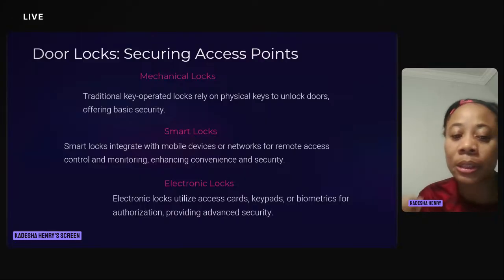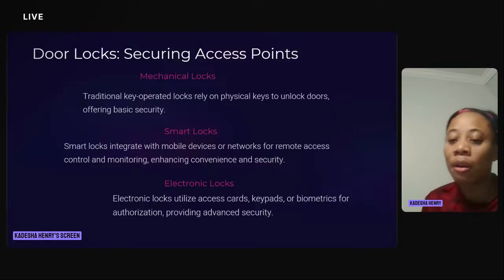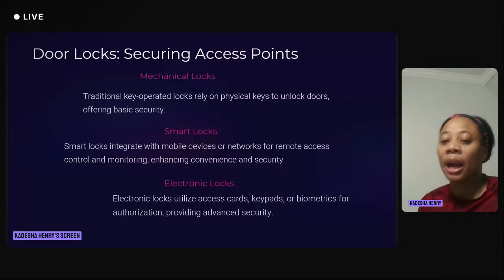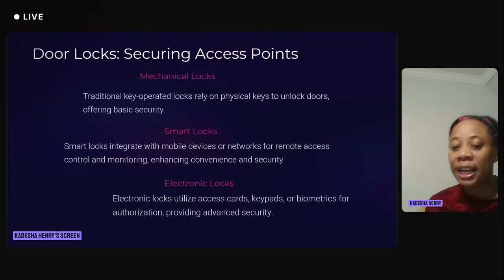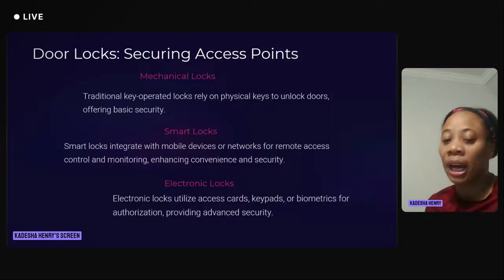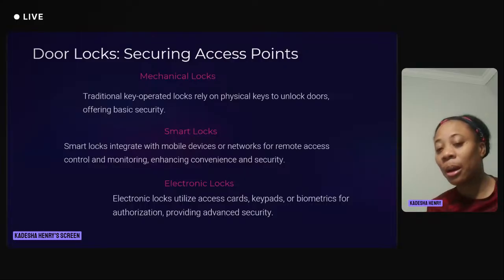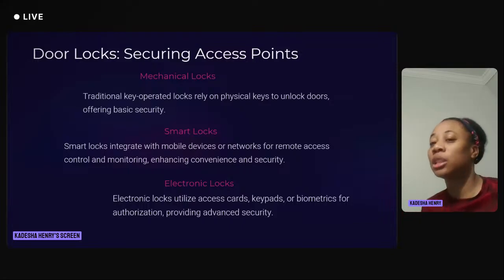Smart locks are those locks that are integrated with mobile devices or networks for remote access, control, and monitoring, enabling convenience and security. And we have electronic locks. They utilize access cards, key cards, or biometrics for authorization, providing advanced security.